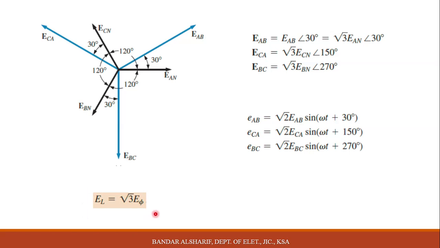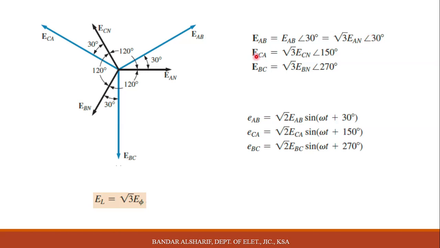equipment. Okay, now if we need to add this information together, we can write the formula here, which is called EAB, the line voltage, equal to root 3 EAN, as we said, as a magnitude value, and the shift between them is 30 degrees.